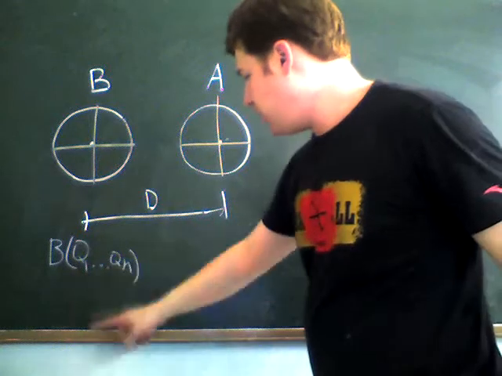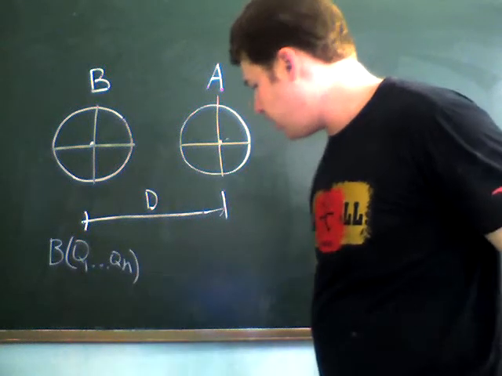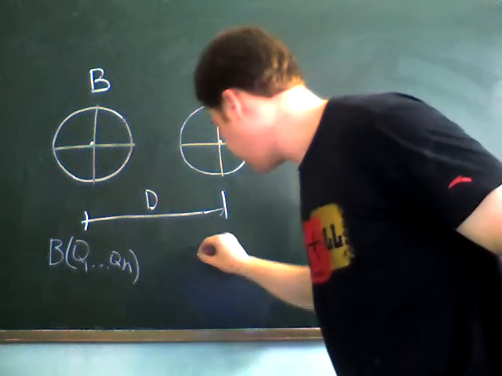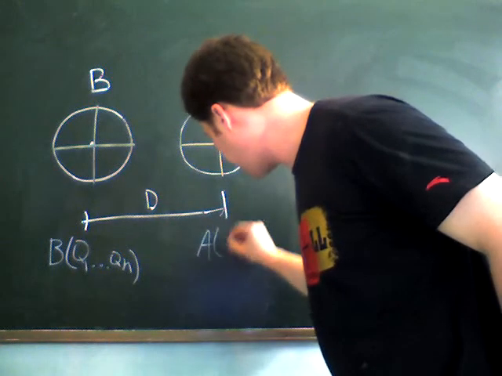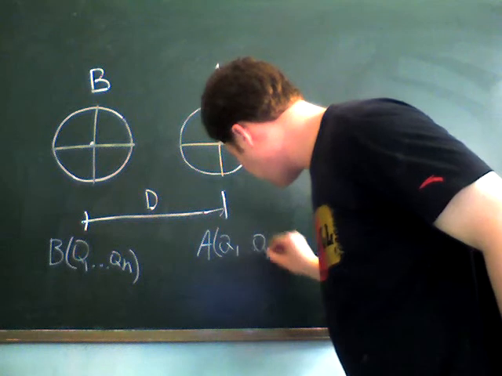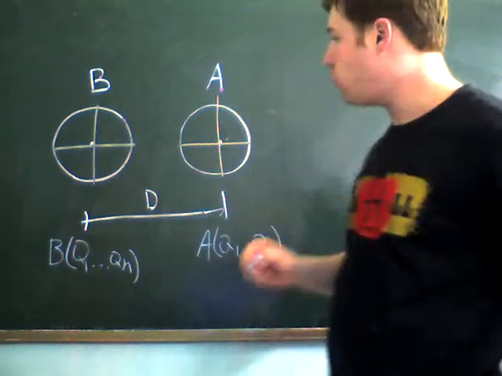Okay, so we have B, and then we have Q1 through Qn. In this case, we have 4 quadrants, and let's write the same thing about A, Q1 through Qn. In this case, also Q4.